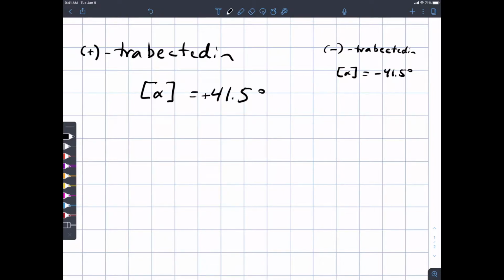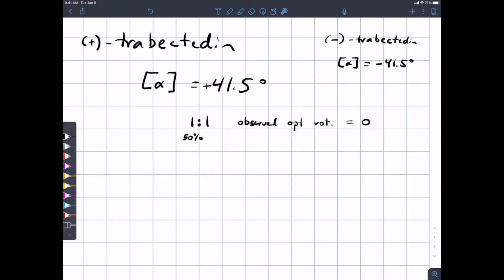And a one-to-one mixture of both would have an observed optical rotation of 0, because the 50% of the mixture that rotates in this direction will be canceled out by the other 50% that rotates in that direction.